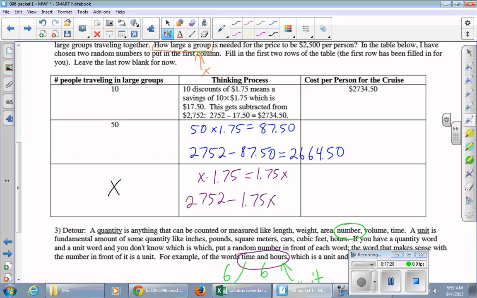You see, it's the same exact pattern. 2752 minus whatever the discount is. It's really easy with numbers. It is a leap in difficulty to do it with this abstract concept of x, but if you establish a pattern with the numbers, oftentimes it makes it much easier. Okay, so that right there is our cost per person, 2752 minus 1.75x.